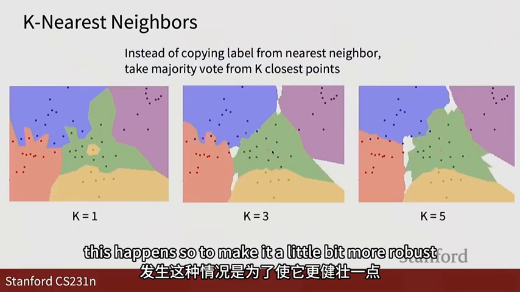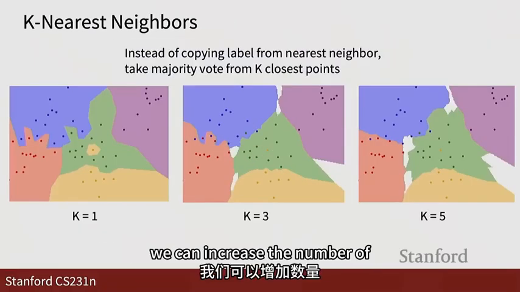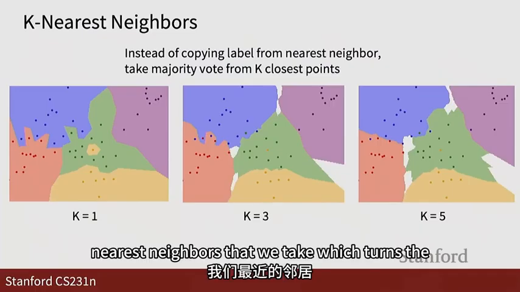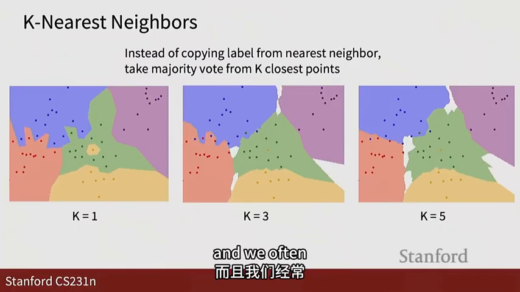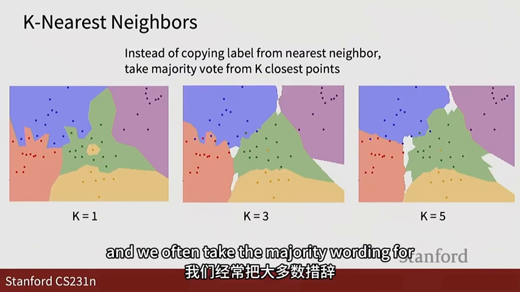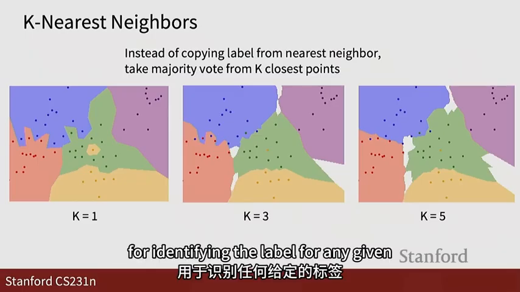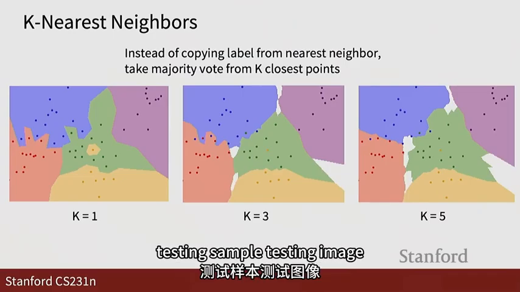To make it more robust, we can increase the number of nearest neighbors that we take, which turns the algorithm into k-nearest neighbor. We often select more than one sample and take the majority vote to identify the label for any given testing image.